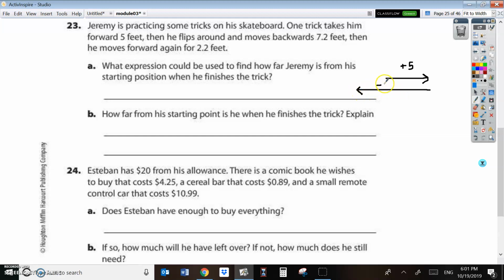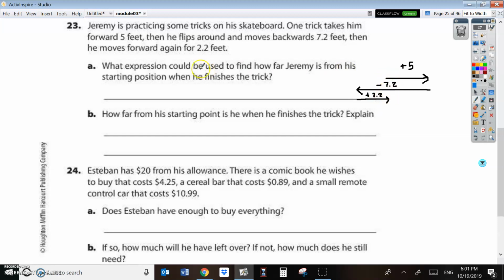So that's minus 7.2. Then he moves forward 2.2. That's plus 2.2. So it looks like he's in the same position.